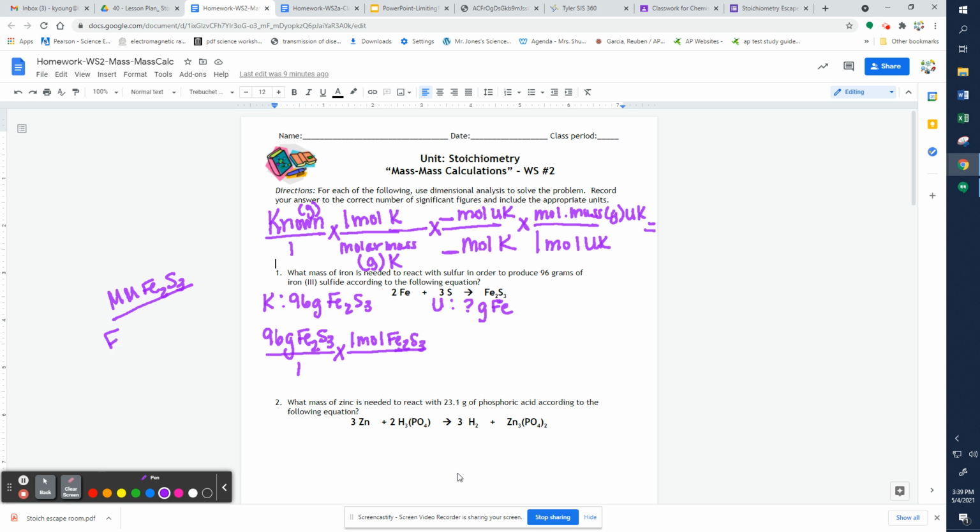So I have 2 irons. If I look on the periodic table, iron is number 26. Its mass is 55.93. Then I have sulfur, 3 of those. And sulfur's mass is 32.07.